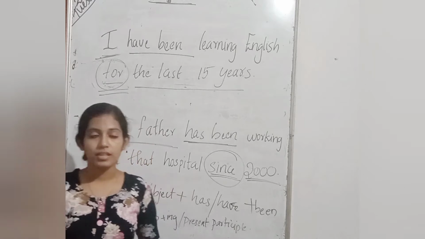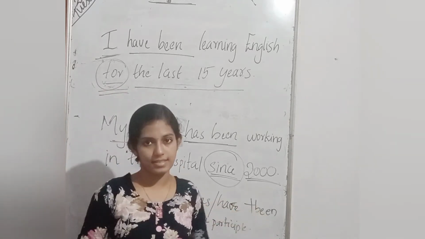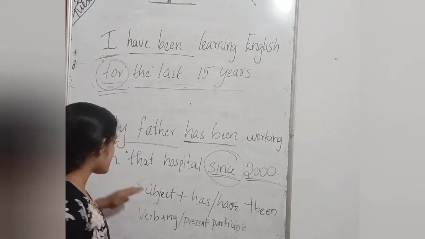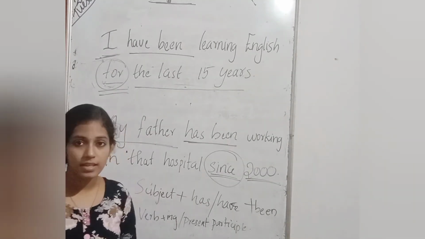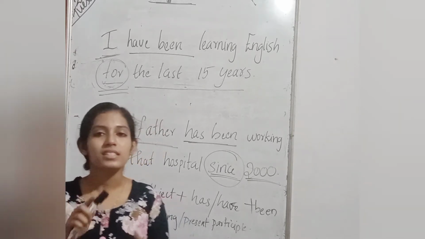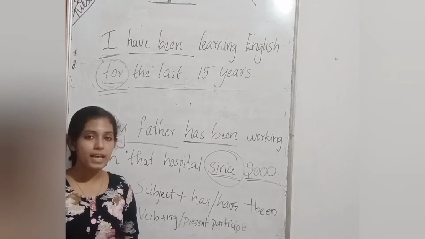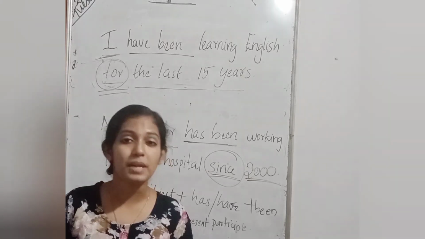Have you understood? This is the difference between for and since. So we have seen the general form of present perfect continuous tense. Which is it? Subject plus have or has plus been plus verb plus ing or present participle.